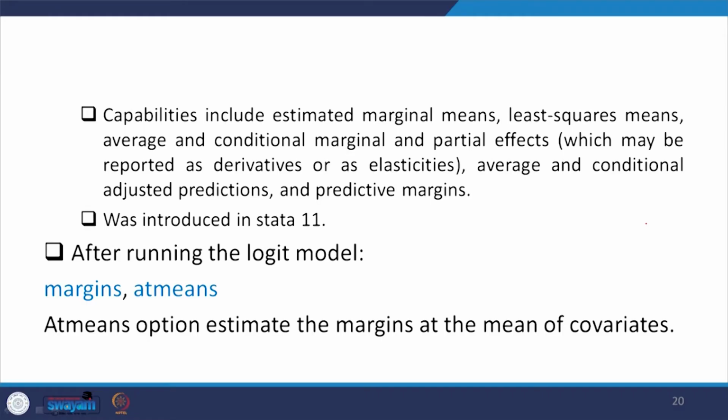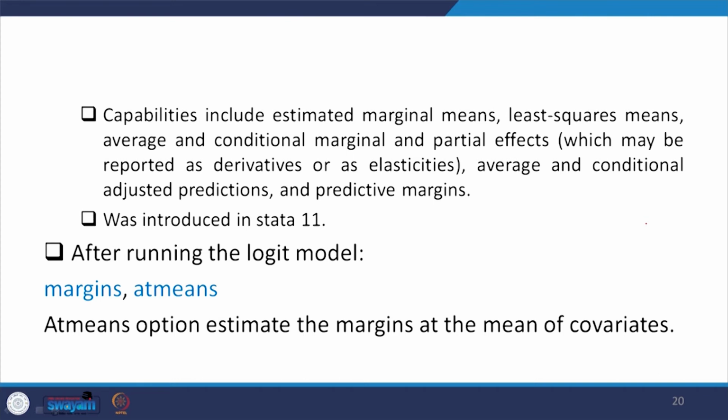According to the Stata manual, margins are statistics calculated from predictions of a previously fit model at fixed values of some covariates and averaging or otherwise integrating over the remaining variables. Basically, it is calculated from the predictions of the fitted model.